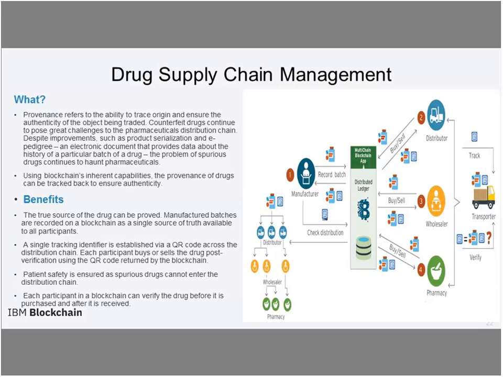So any kind of supply chain can be done in a very secure way using blockchain technology. In life sciences, drug supply chain management is a very good use case.